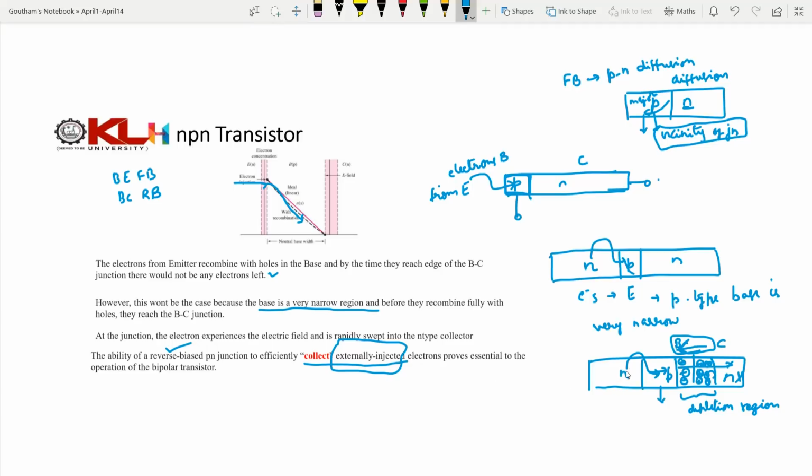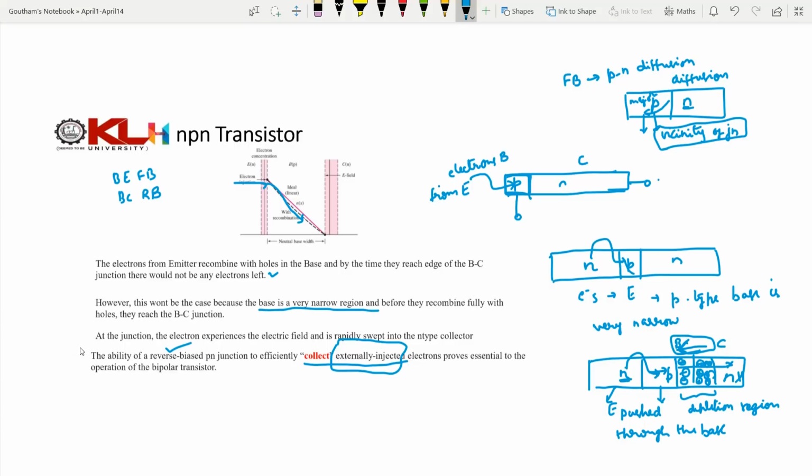The externally injected electrons are in fact injected from the emitter region, and are pushed through the base. Externally injected electrons prove essential to the operation of the bipolar transistor.